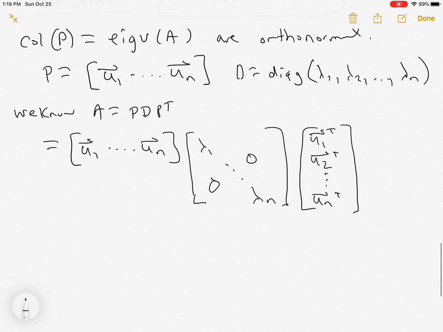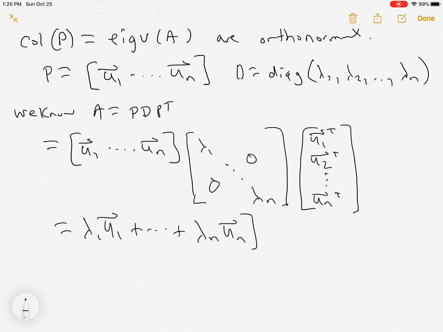All right, when you do the first matrix multiplication, you get lambda 1, the vector U1 plus dot dot dot, lambda n vector UN. And now we have this guy sitting over here.